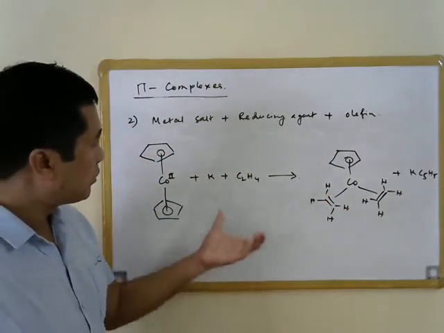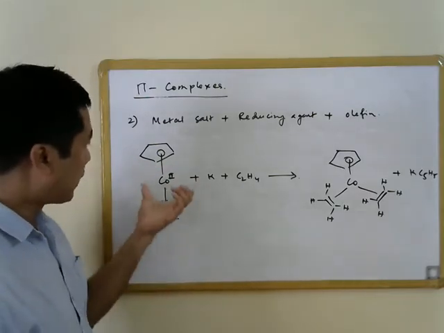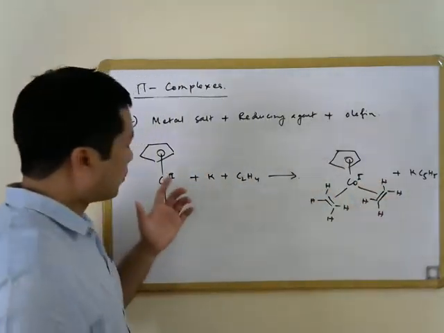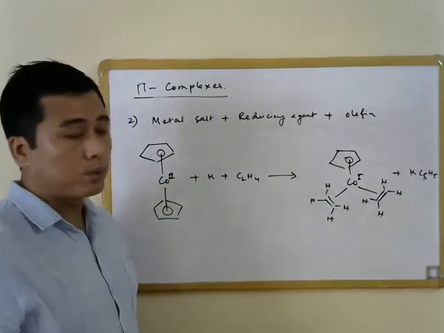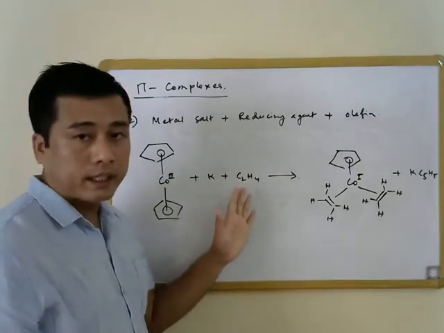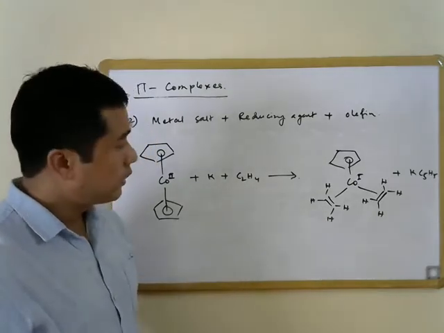So that is another variation of this type of reaction where now the metallic salt is essentially reduced, and cobalt from a plus 2 oxidation state is reduced to plus 1 oxidation state, and meanwhile it also reacted with olefin that was present in the reaction mixture to give us a metal olefin complex.